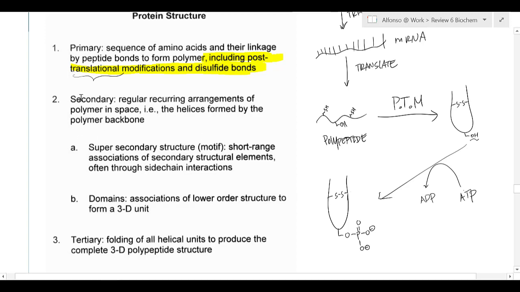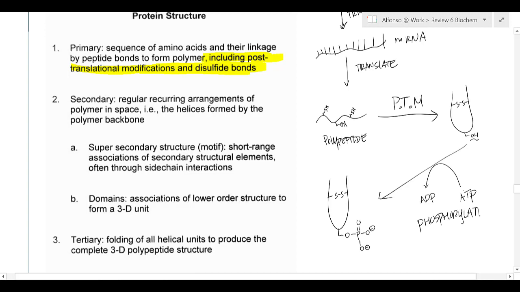Okay, so the primary structure is the amino acids linked together, and does it include disulfide bonds? Yes, it does. What type of modification is it when you form disulfide bridges? Post-translational. Yes. Whenever you form disulfide bridges, that is a post-translational modification. What's another type of post-translational modification? Phosphorylation. Perfect.